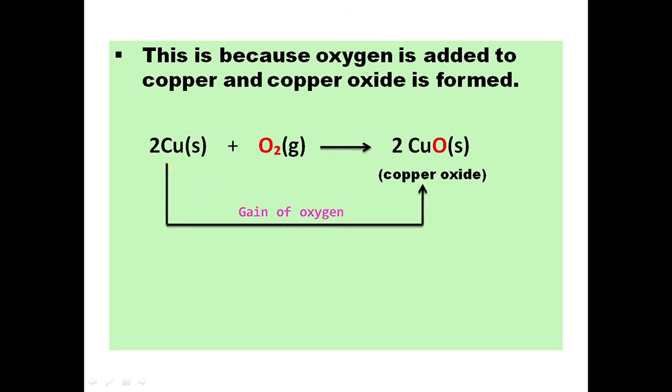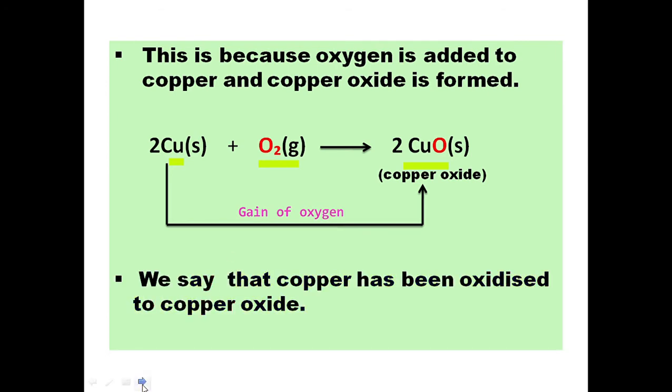There is no oxygen here, and we have this copper oxide on the product side. So we can see the overall addition of oxygen throughout the reaction, and we say that it is gain of oxygen. When such a phenomenon happens, we say that the copper has been oxidized to copper oxide.